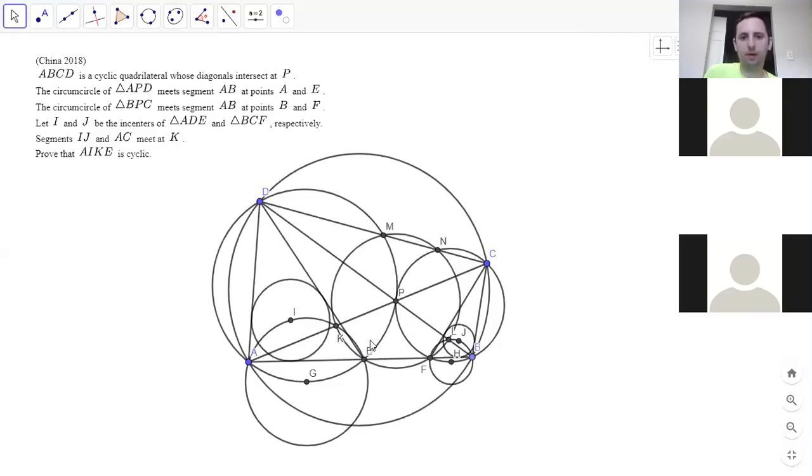I'm sure we could get it by angle chasing. It's like 360 minus DPC minus DPE minus CPF. Yeah, okay, I think we've solved it. So, all right, I'm going to write it up.